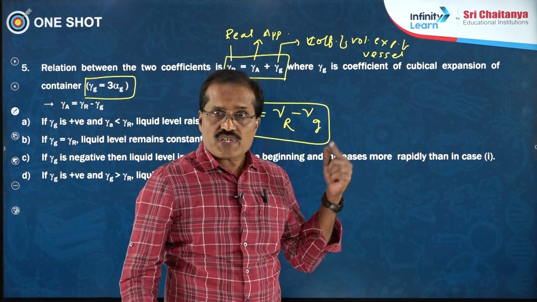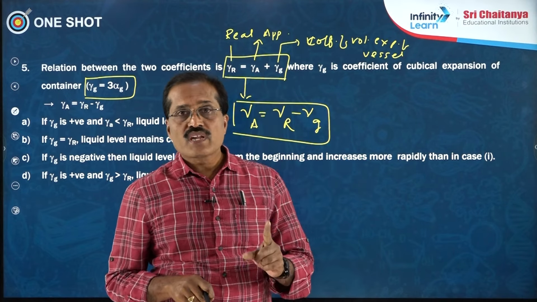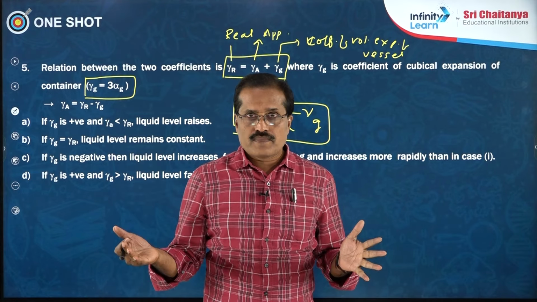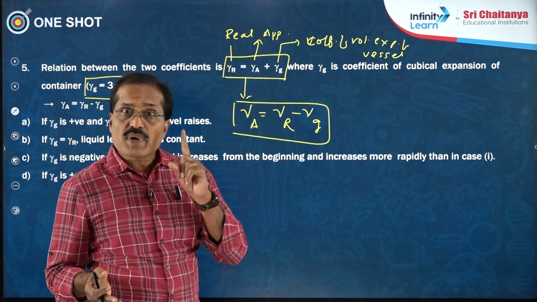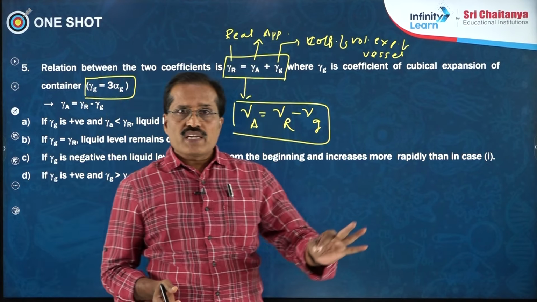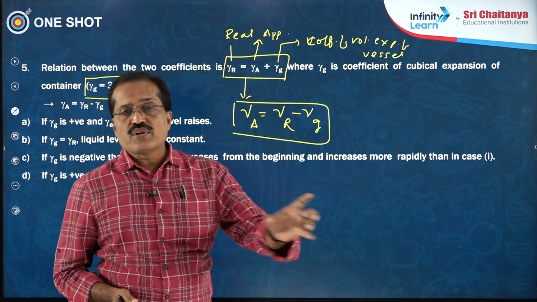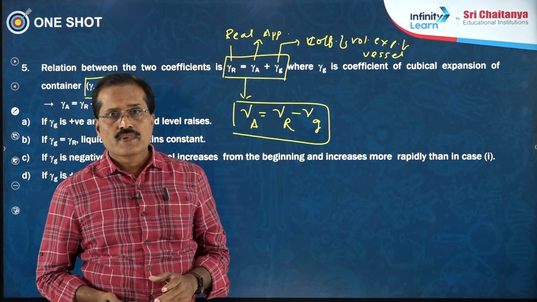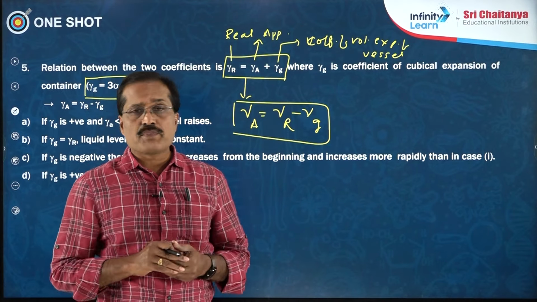The next question is based on my statement at this moment. I will repeat once again, for a given liquid, irrespective of the kind of vessel, irrespective of the nature of the material of the vessel, gamma r is always constant. For example, you take mercury in an aluminum vessel, the same mercury in a copper vessel, and the same mercury in a glass vessel, and you heat all three through the same rise of temperature.